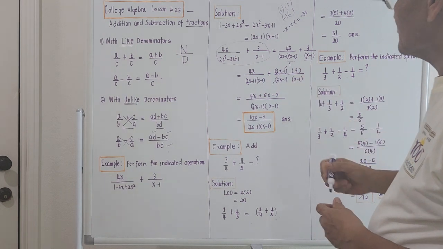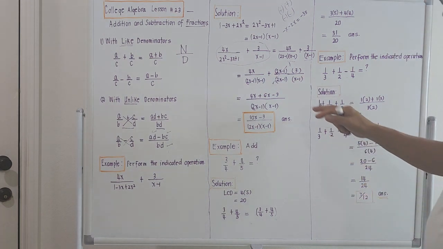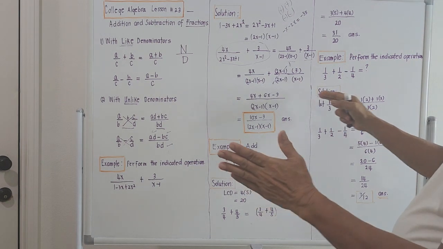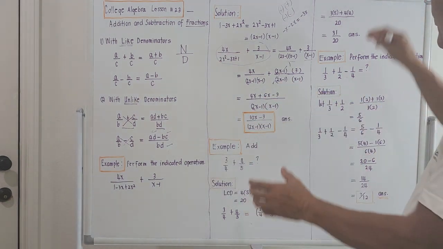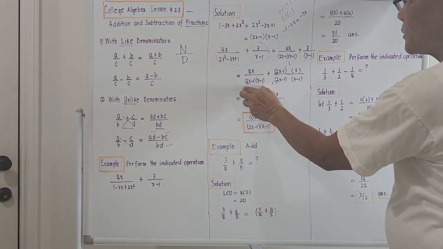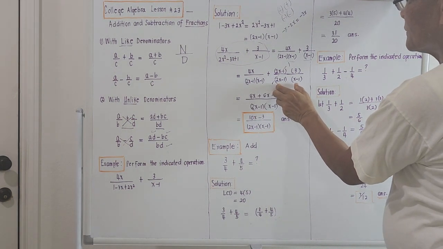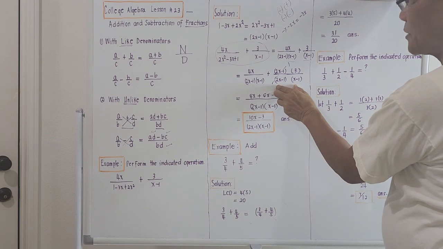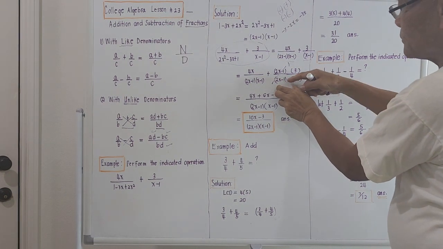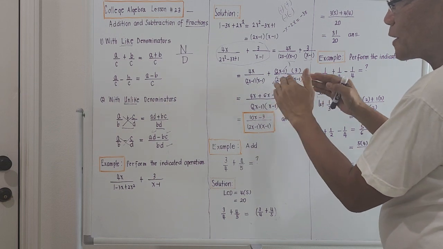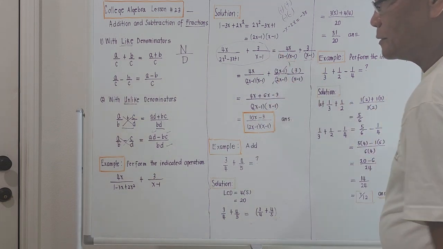But we could do it, right? So upon the insertion of 2x minus 1 over 2x minus 1, if you observe the denominator now, this is the product of 2x minus 1 times x minus 1. And the second denominator is now 2x minus 1 times x minus 1. So after the insertion of this, we are now adding two fractions with the same denominator.